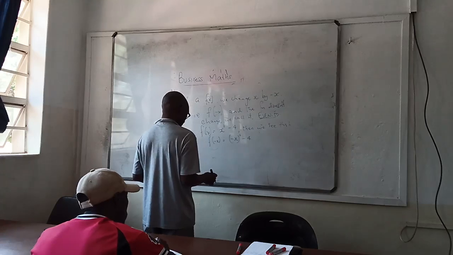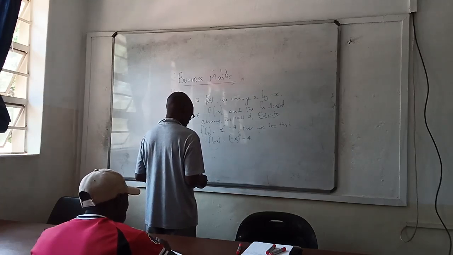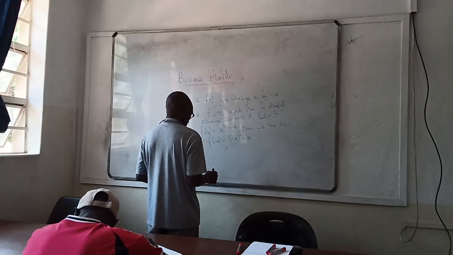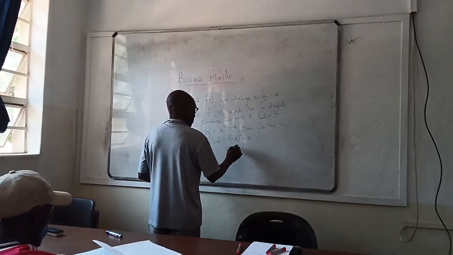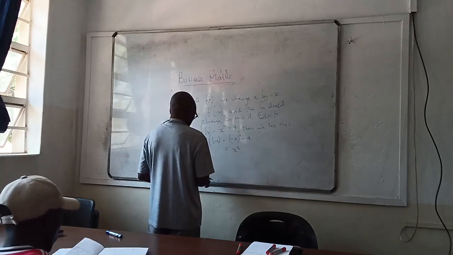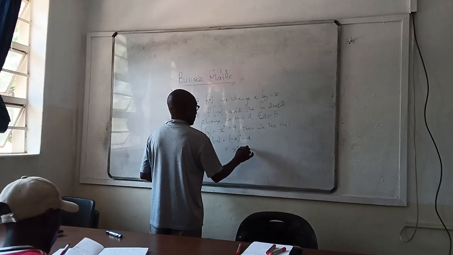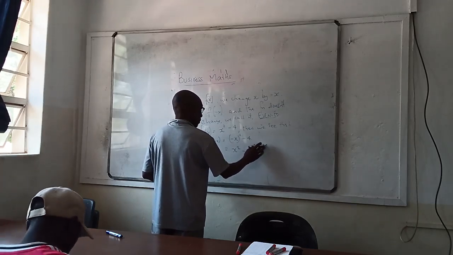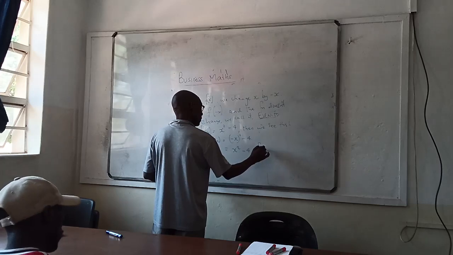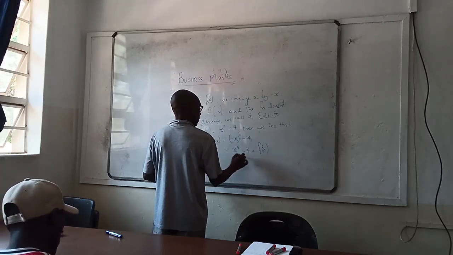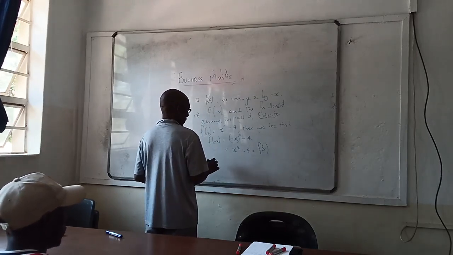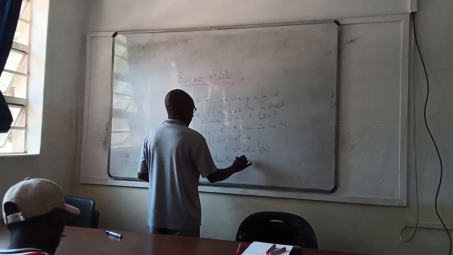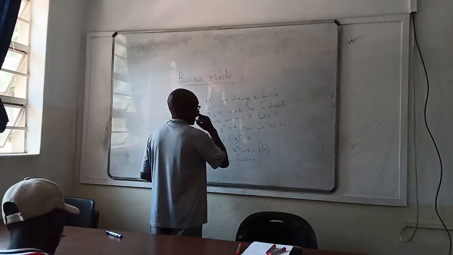Which gives you x squared minus 4, which is the original function, which is f of x. Then this function is an even function.